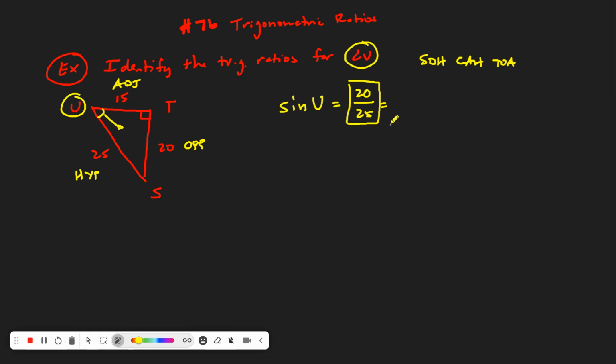If you divide this in the calculator, you are going to get a decimal, 0.8. If you press the fraction button, it'll simplify it to 4/5. So this is the simplified ratio of the sine of U.